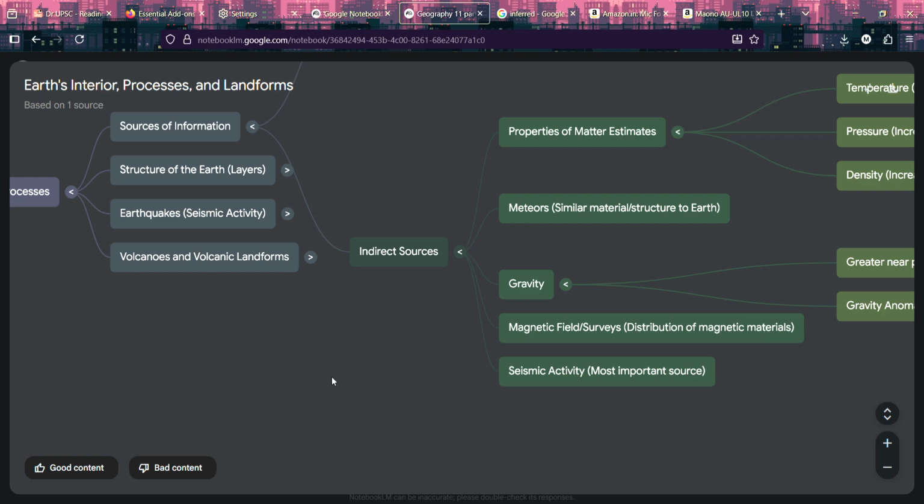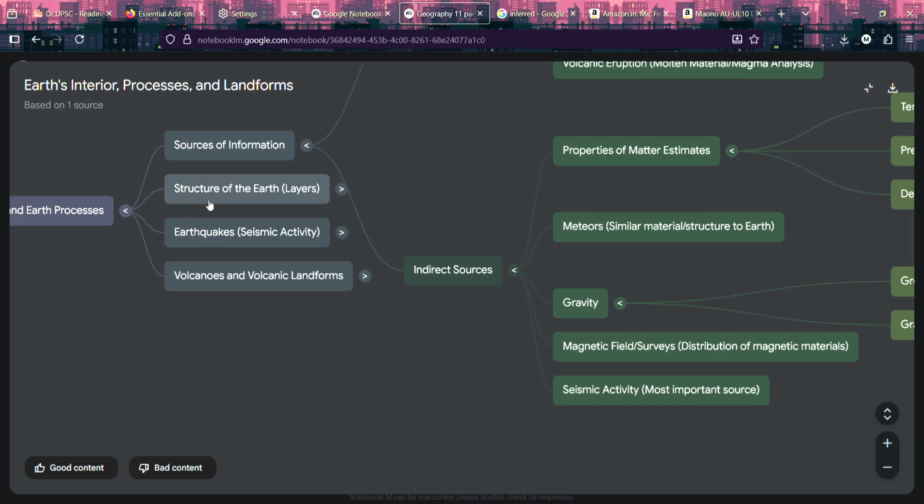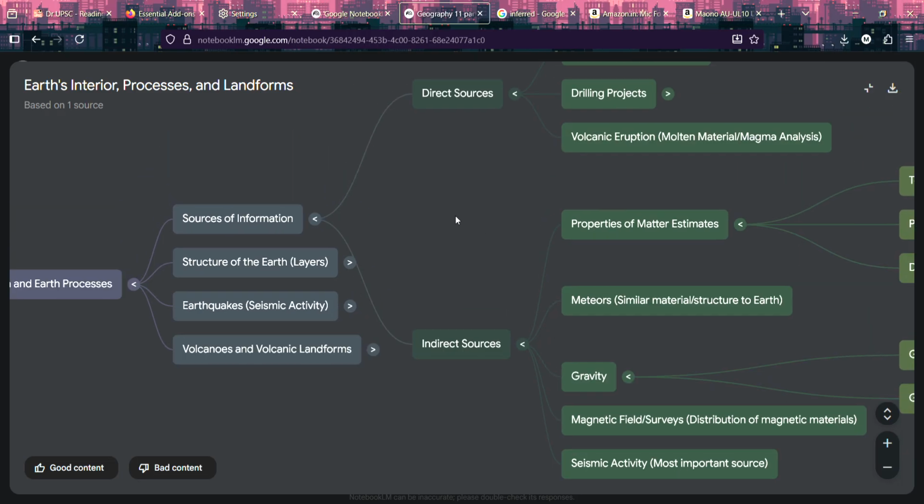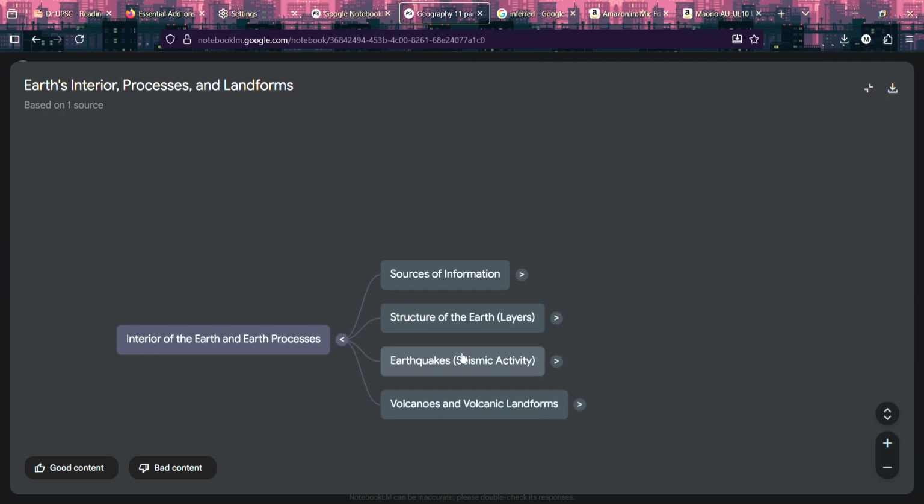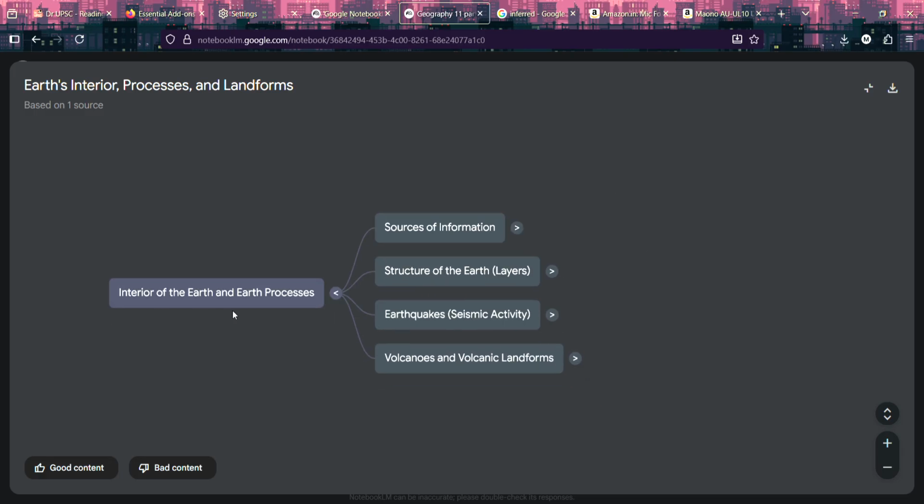Due to friction they are holding up, but when the pressure builds up and there isn't much friction, then earthquakes happen. Now these all come under sources of information about the earth.